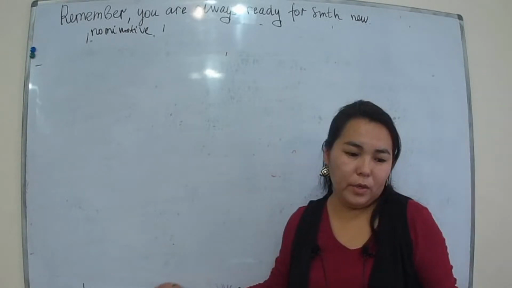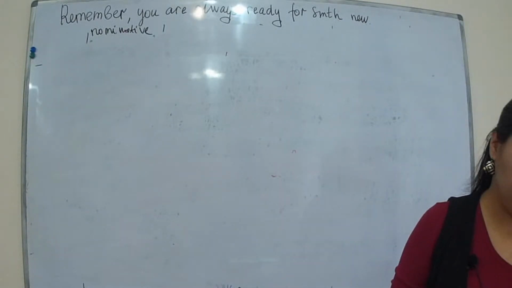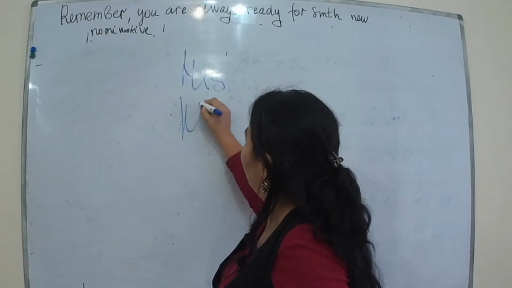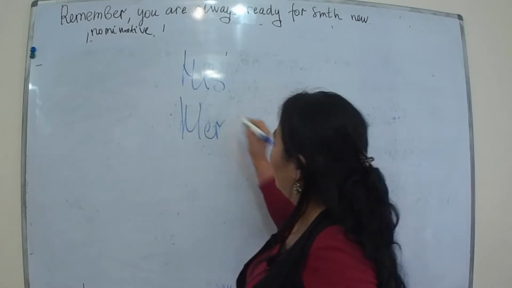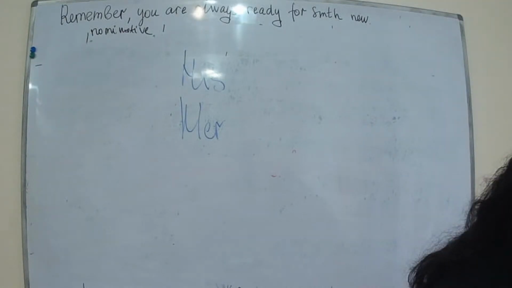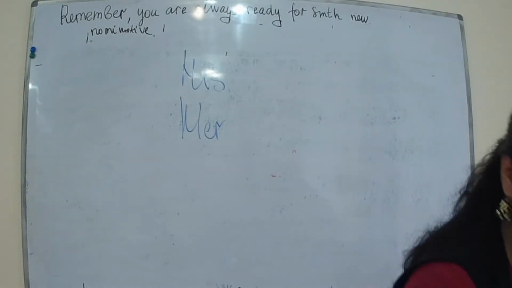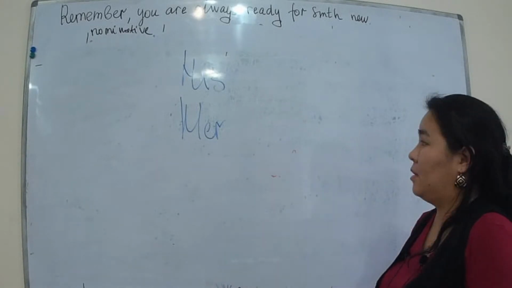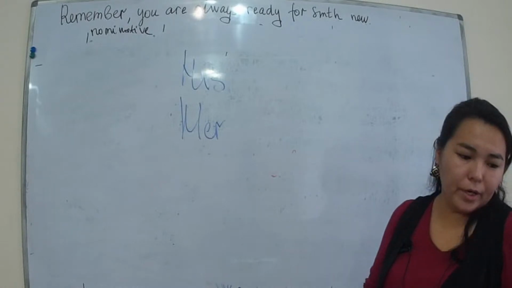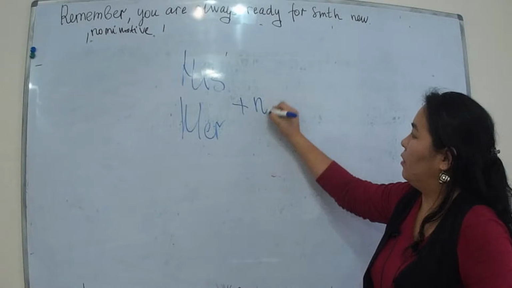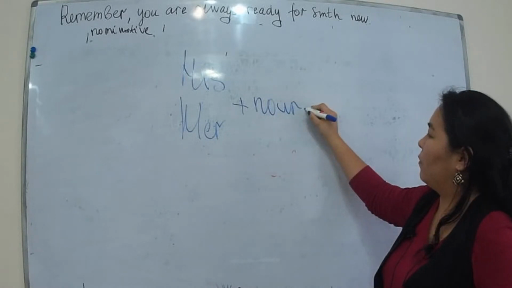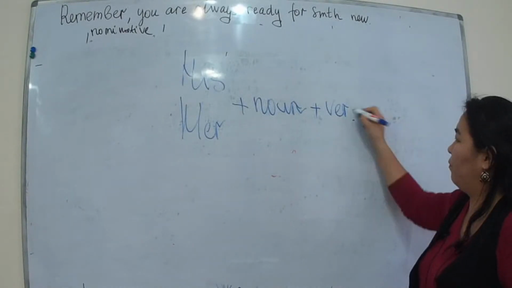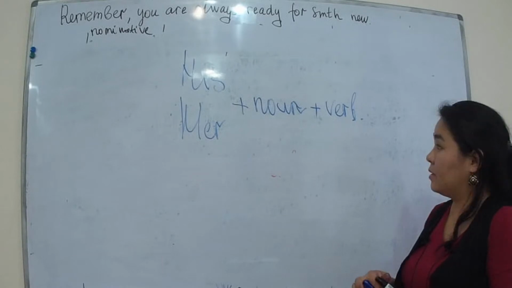For the next, for example, when we want to say his or her. His or her, as we remember, it is the possessive adjectives for pronouns. Here we use noun, and then we use verb. How we complete the sentence in this form?